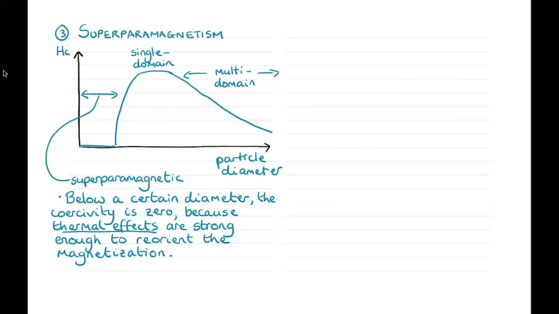And this we can understand because the anisotropy energy, which provides the coercivity, this is the energy cost of rotating the magnetization out of the easy axis and through into the hard axis. This is proportional to the volume of the particle.